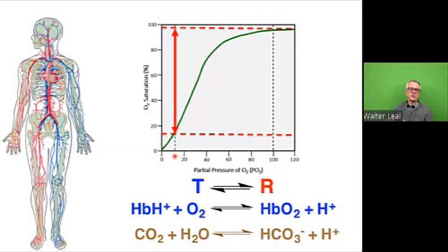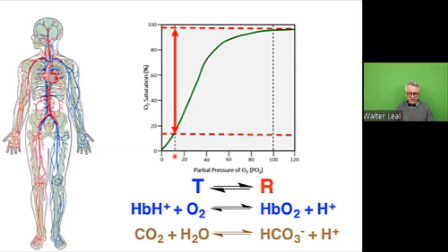We talk about this process being an equilibrium, and there are three different ways of looking at this equilibrium. One way is to talk about the ox and deox forms of hemoglobin, the deox form being the form that's not bound to oxygen, and the ox form being bound to oxygen. We also talk about the tense form and the relaxed form.